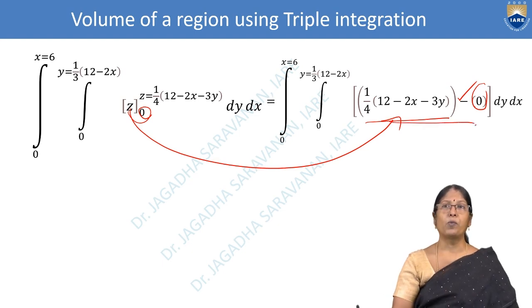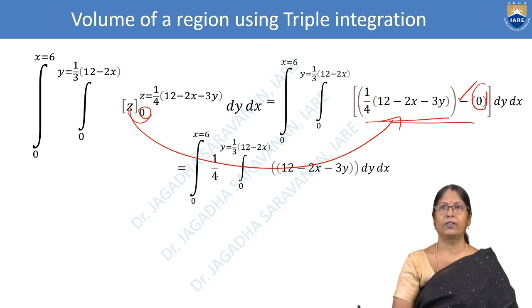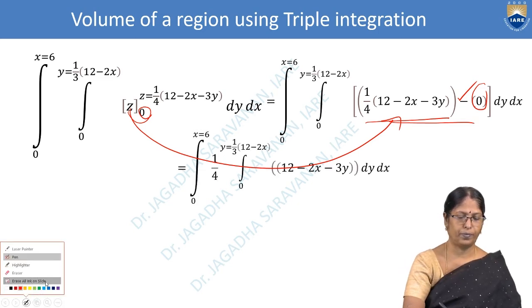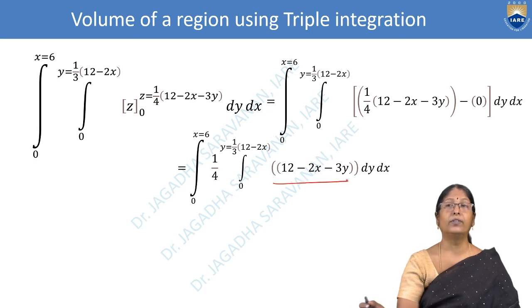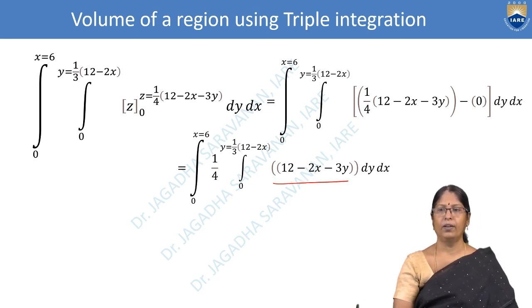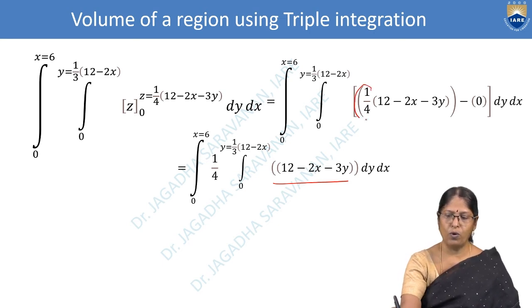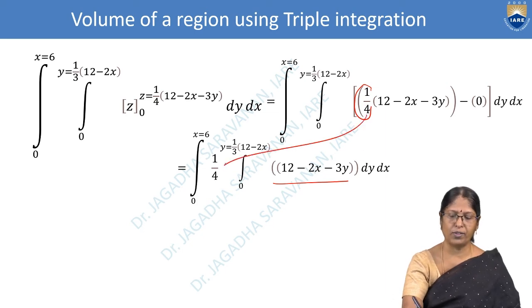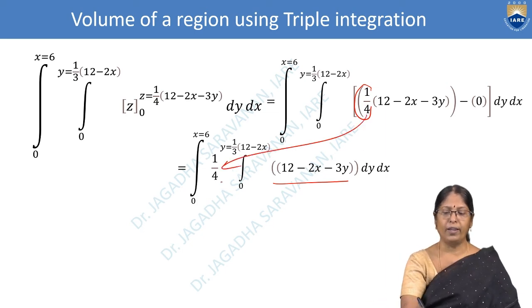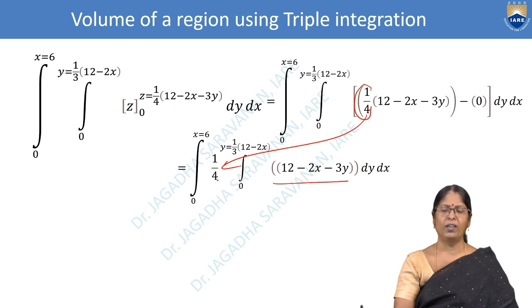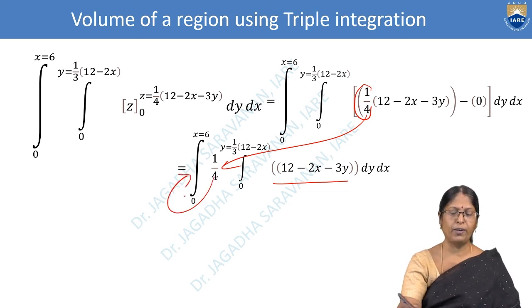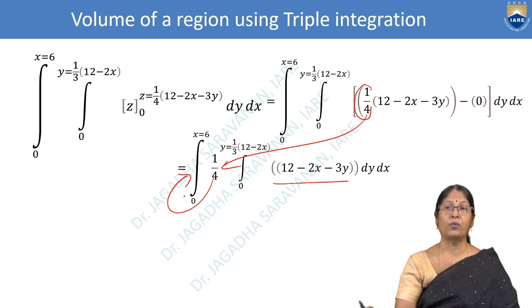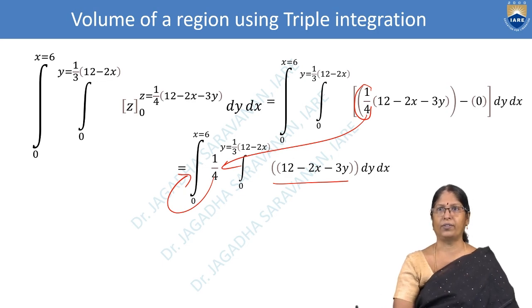So the innermost is integrated, we substituted the limits, and we got this result, that is 12 minus 2x minus 3y. This 1 by 4 we have kept in front of the middle integration. Here also we can keep it, nothing wrong in it. Anyway, they are going to be treated as constants.